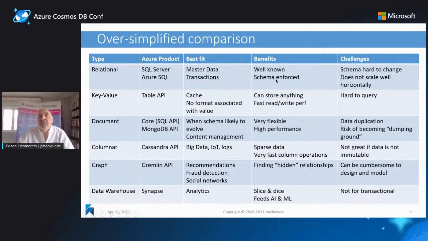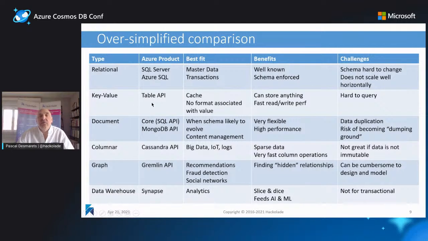It has the benefits of being well known by many people and enforcing the schema at the engine level. But it comes with problems such as the fact that schemas are hard to change and the technology does not scale well horizontally.